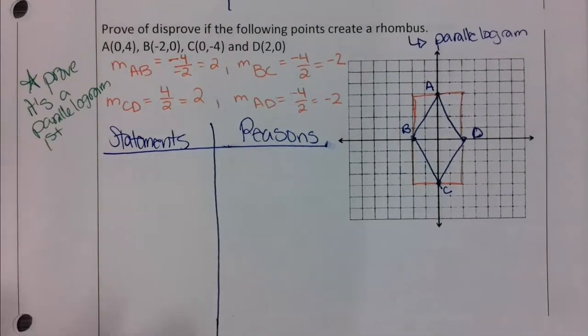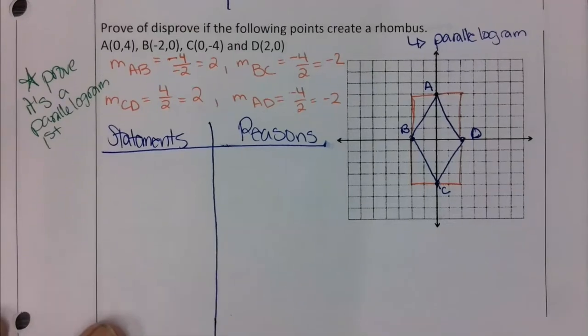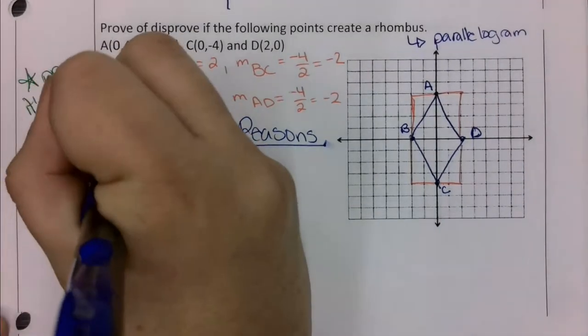Okay, what do I want to start off with for my statements? Which slopes are congruent?